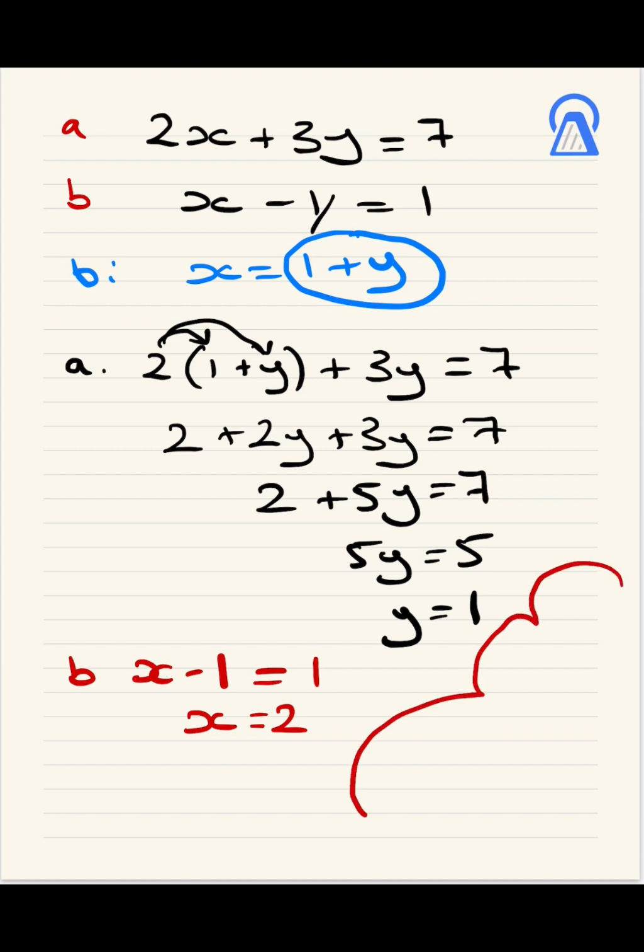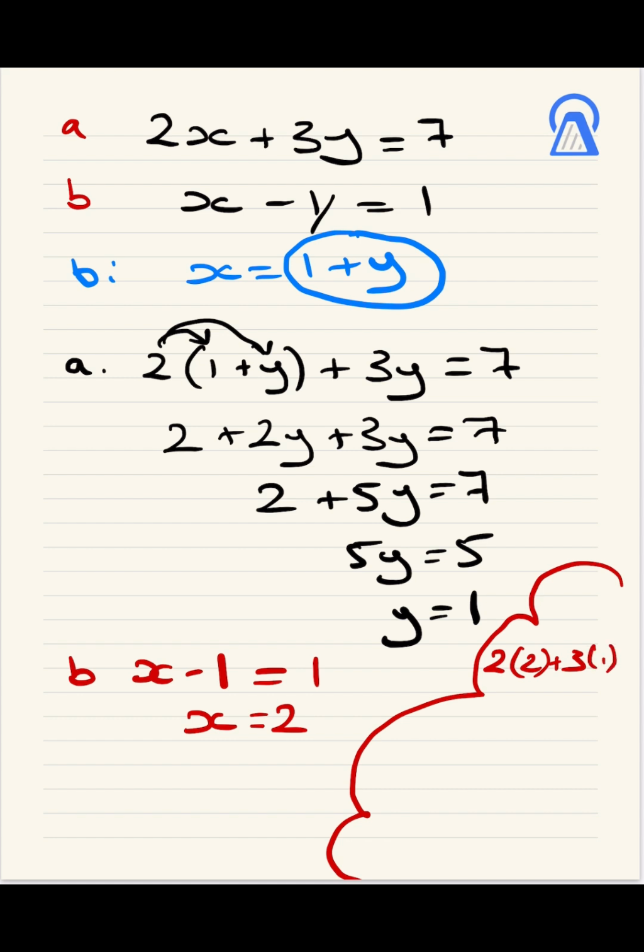Now, whenever you're doing simultaneous equations, always just double check. Pop your answers into the other equation, the one you didn't use to find your second variable. So I'm going to pop it into equation A, and that tells me that I should have 2 times whatever x is, which is 2, plus 3 times whatever y is, which is 1.